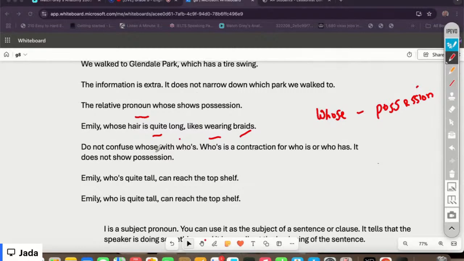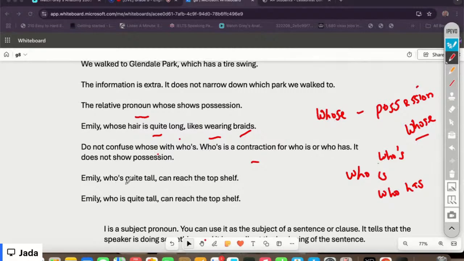Do not confuse whose and who's. Who's is totally different, okay? Who's means who is or who has. It is a contraction, and it does not show possession, whereas whose shows possession.